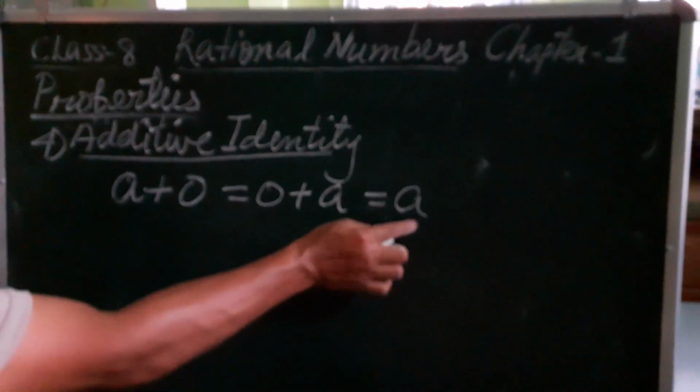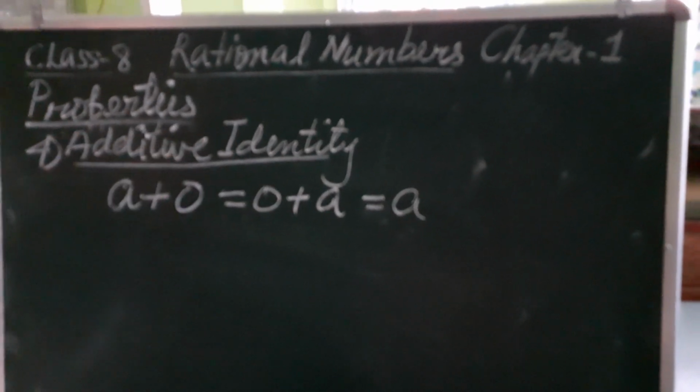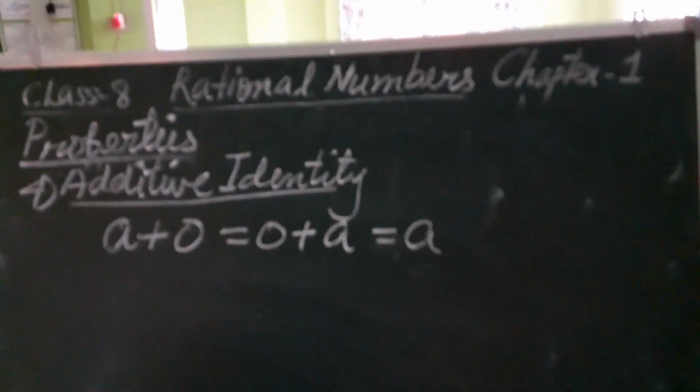It is A itself. So 0 is called additive identity of rational numbers.